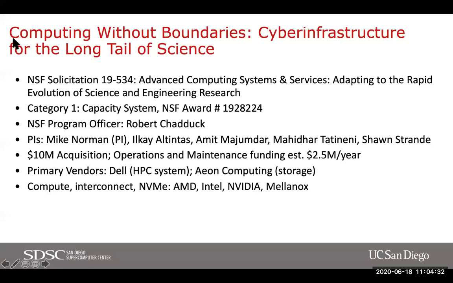It's a $10 million acquisition with operations on top of that. The primary vendor for the system is Dell, and the storage comes from Aeon Computing. And for the compute, interconnect, and NVMe, we have components from AMD, Intel, NVIDIA, and Mellanox. So it's a mix of a lot of different features.